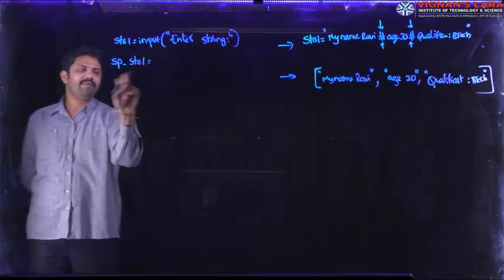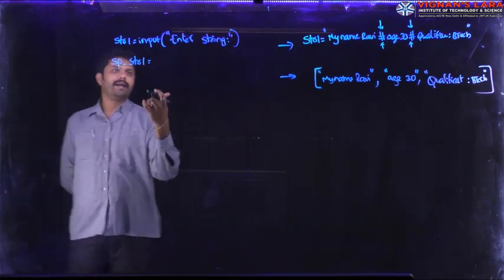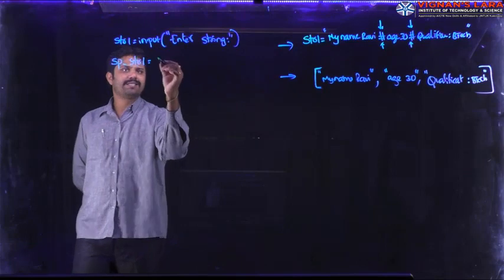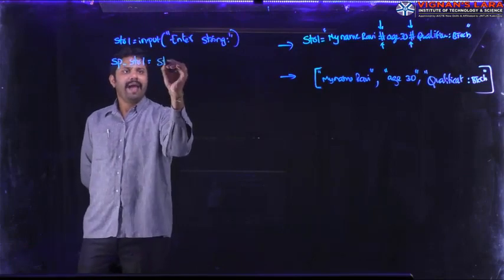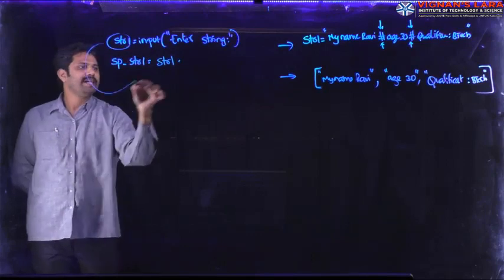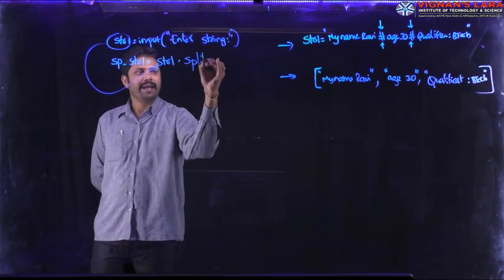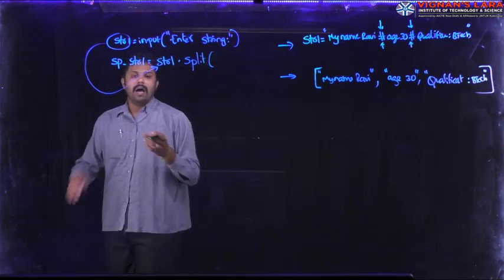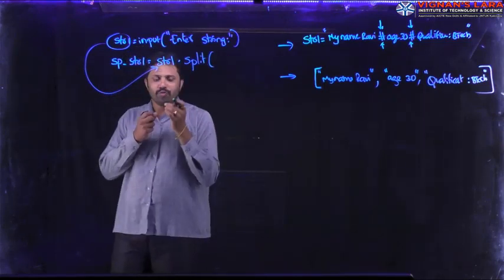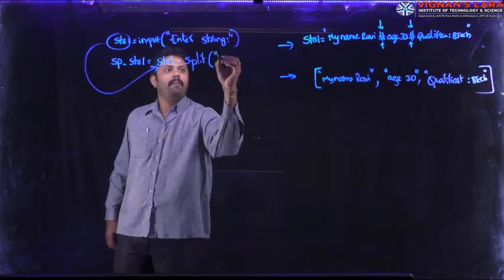This is the second variable I have taken, spstr1, which is nothing but splitted data, which is equal to str1 dot split. Split is a method. Already we have the split method which is used to split the string based on the input.